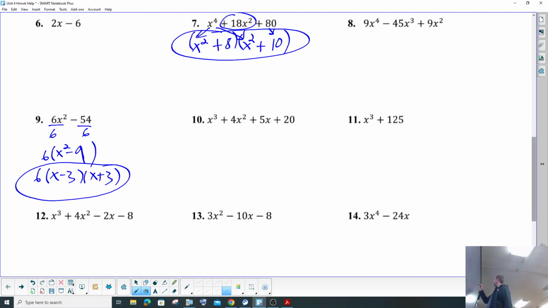So this is called a sum of cubes. So it's very formula-based factoring. So it's going to be a plus b times a squared.